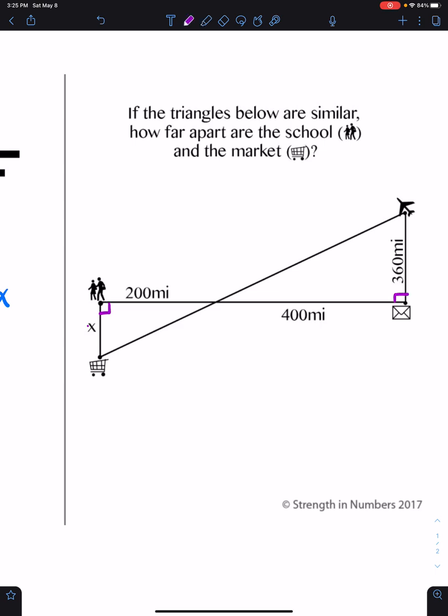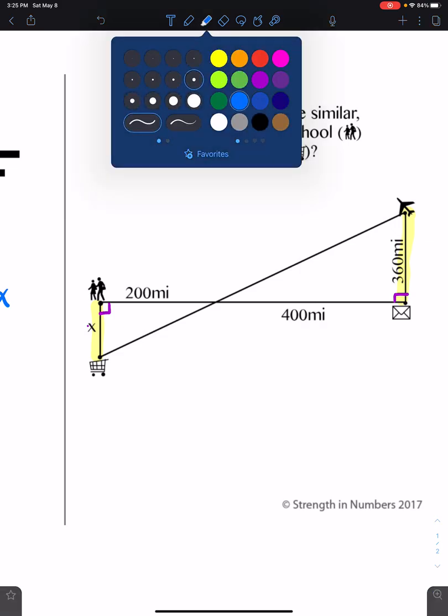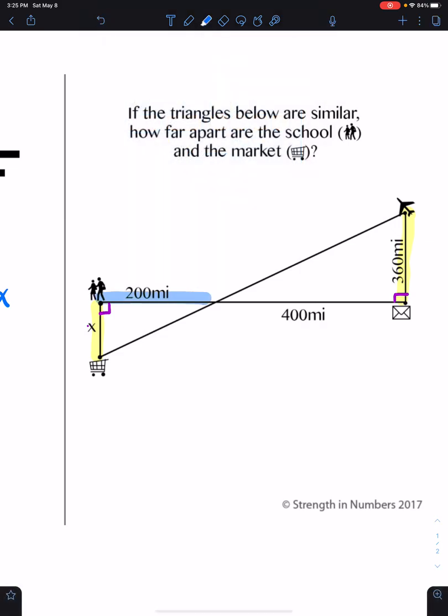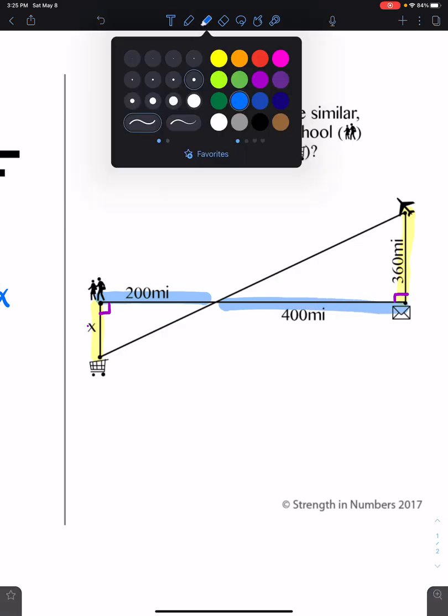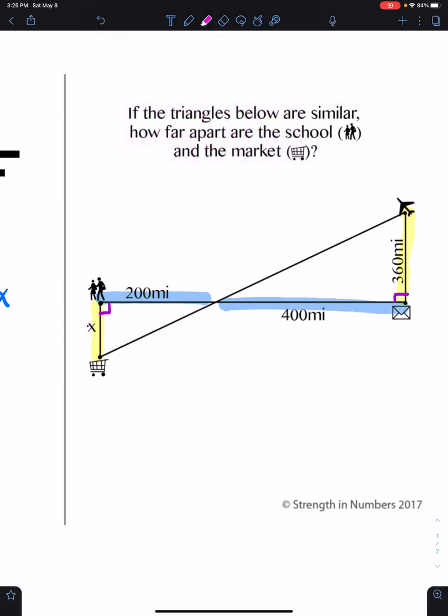So those two sides that make right angles are called the legs. The short side over here is going to correspond to the short side of the other triangle. The longer leg here will correspond to the longer leg in the other triangle. And then the hypotenuse, which is what we call the longest side of a right triangle, in this one corresponds to the hypotenuse in this one.